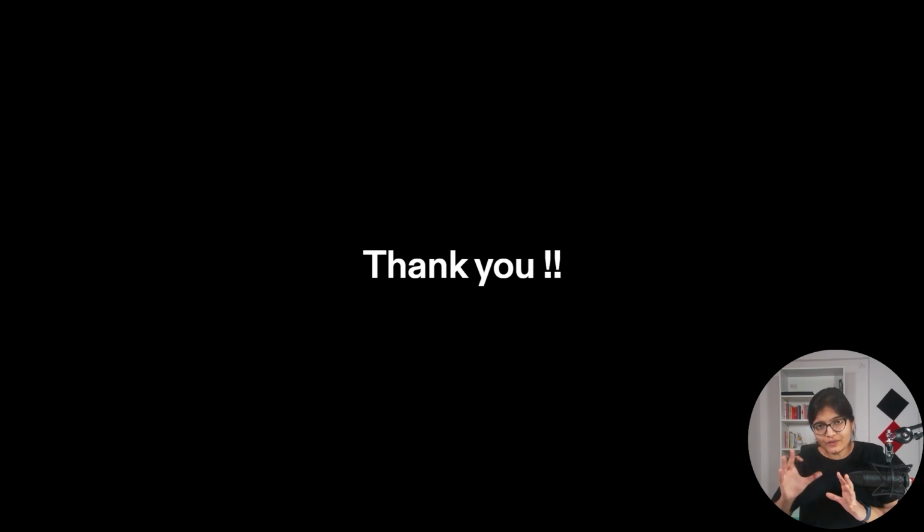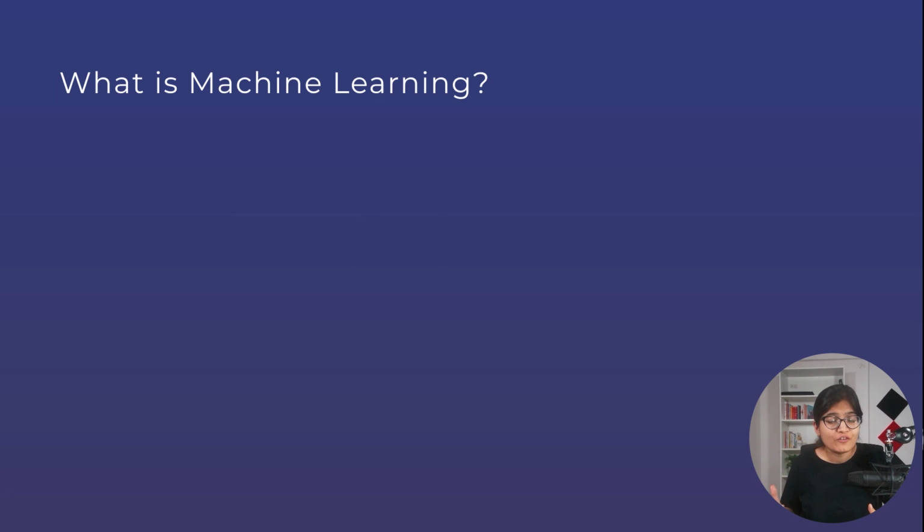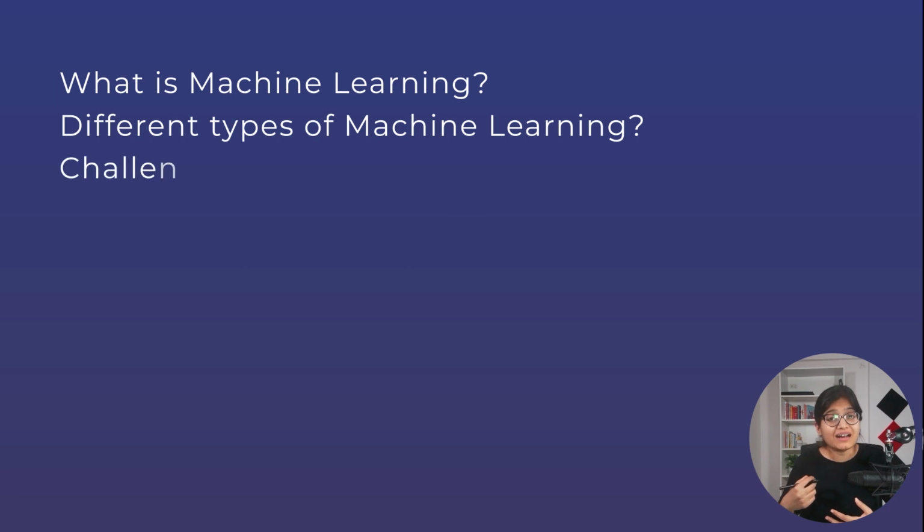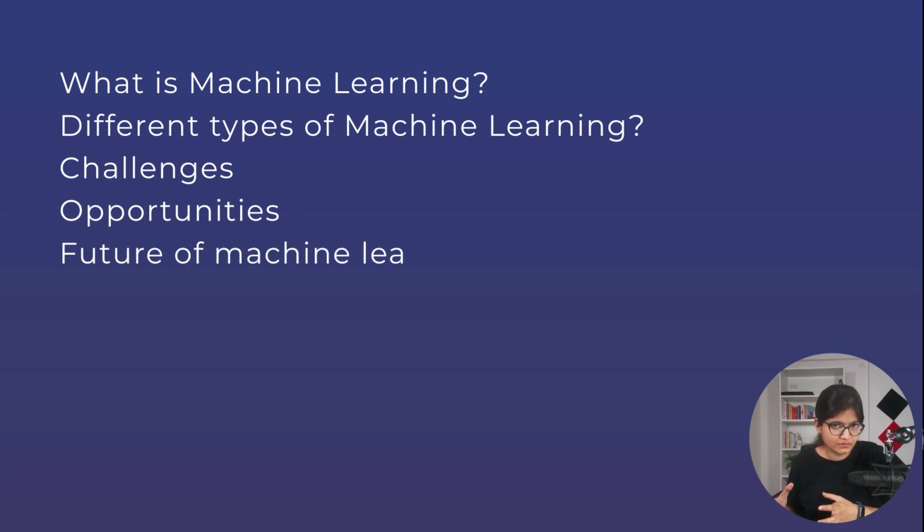So in a nutshell, in today's video we have talked about what machine learning is, how many different types of machine learning we have, what the challenges are, what the opportunities are, and whether there is a future in the upcoming years with respect to this domain.